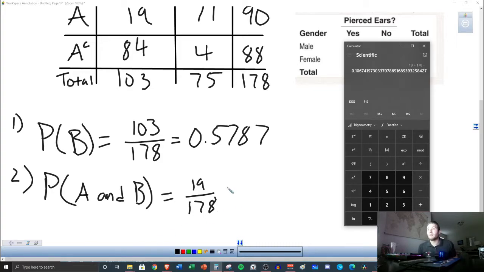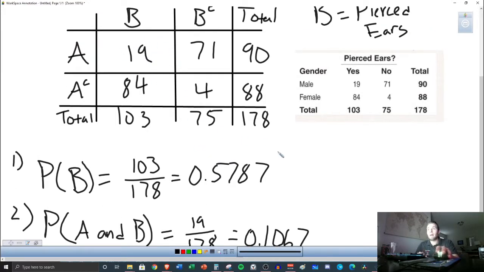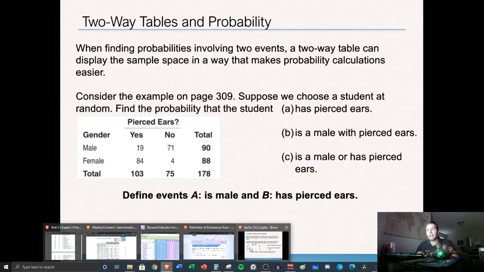That's with the rounding to 4 places. Okay, hopefully that makes sense. Both requirements had to be met. We wanted both.